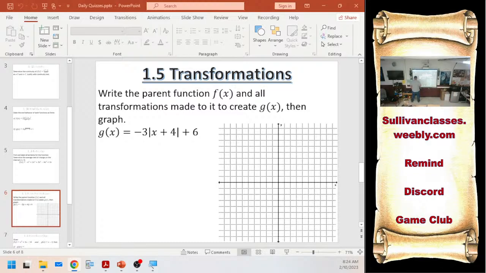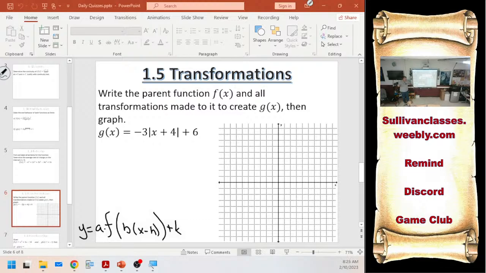All right. Transformations. We absolutely beat them to death in Algebra 2, so this should not be too big a deal. We have y is a times the function of b by x minus h plus k, where f of x is your parent function, and a, b, h, and k are going to do the same business no matter what that parent function was. A, vertical stretch and compression.